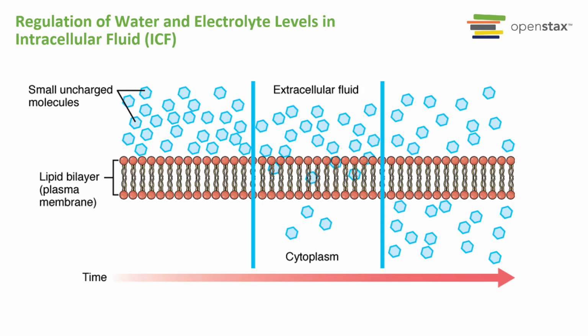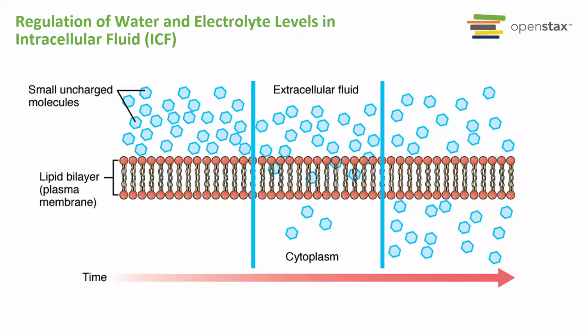On this particular slide, we are looking at the regulation of both water and electrolyte levels in the intracellular fluid. What you can see here is that there is tight regulation of both water and electrolyte levels.